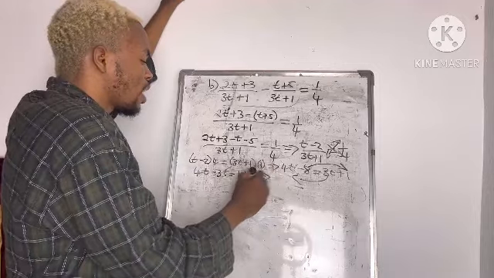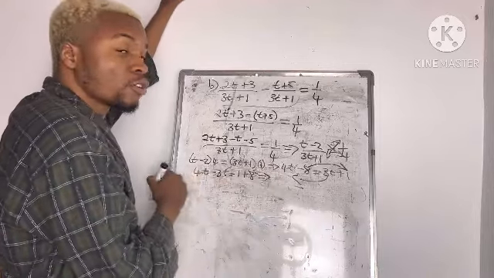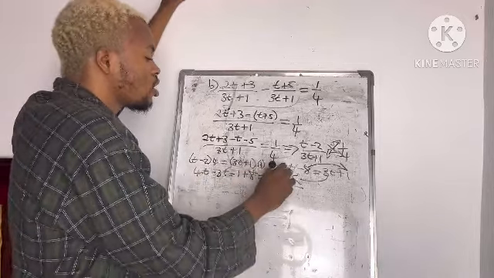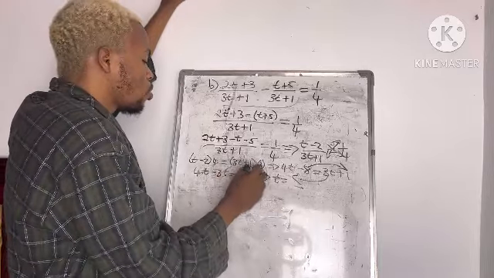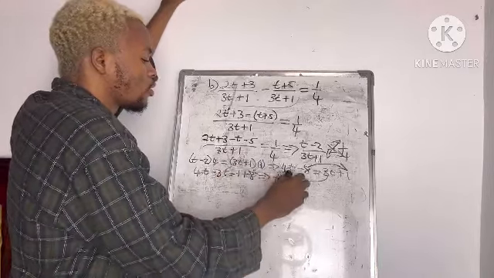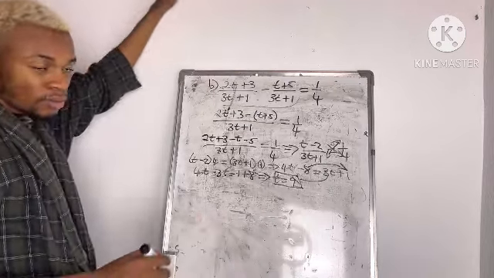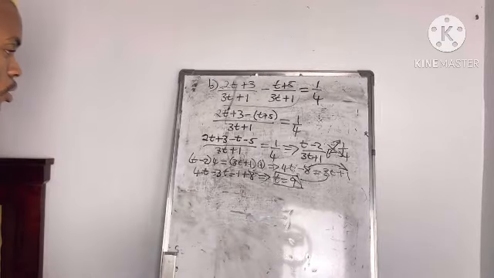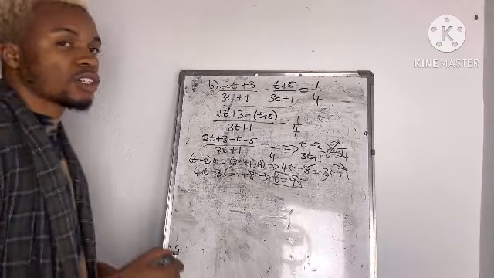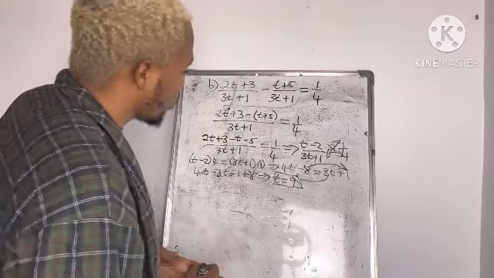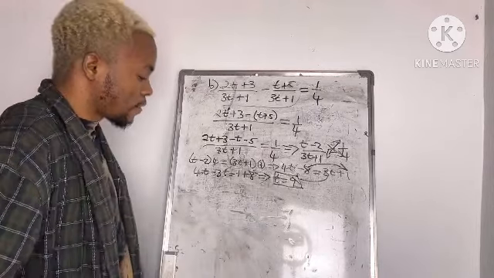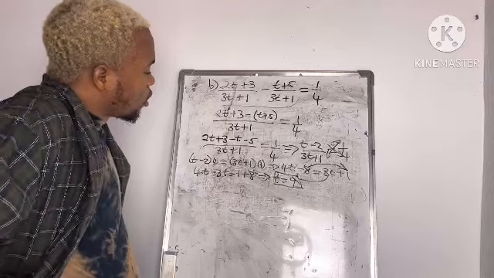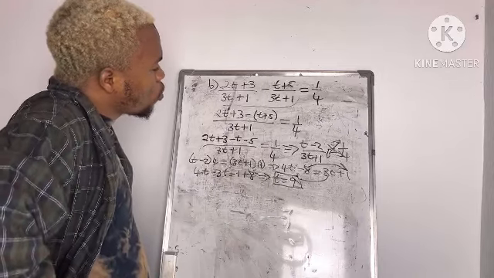So this implies that 4t − 3t will give you t equal to 1 + 8, you have 9. So we have t equal to 9.